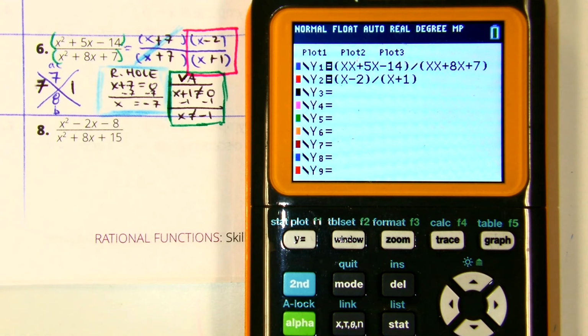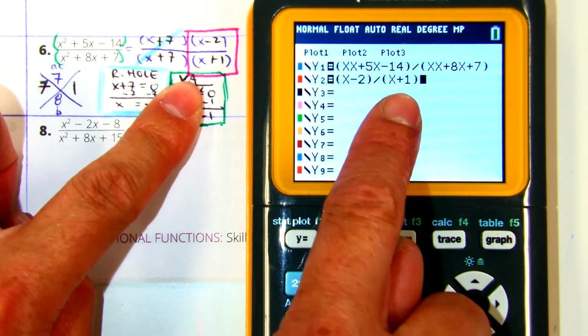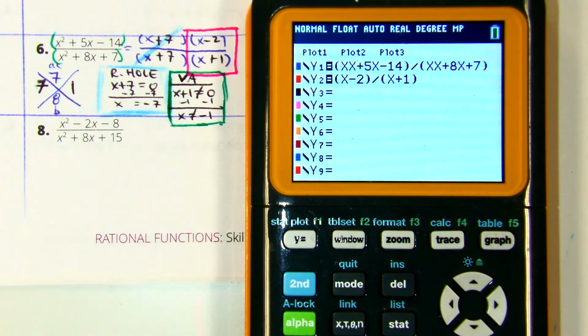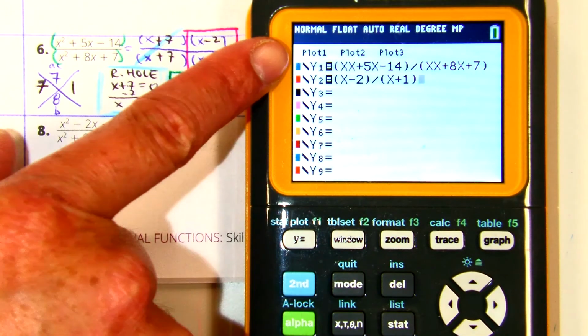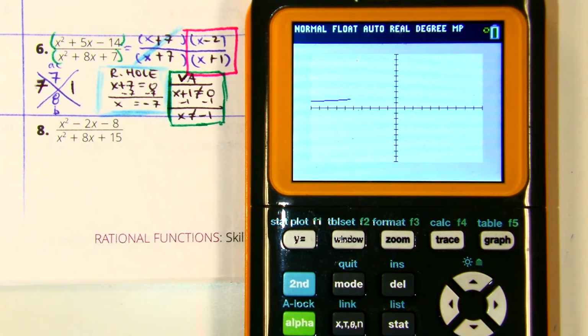So basically I have that as my first function, and my second function is right there. Now I'm going to press graph, and you'll notice the colors. It's first going to graph the blue one, and then the red one. Here comes the blue one, and then here comes the red one.